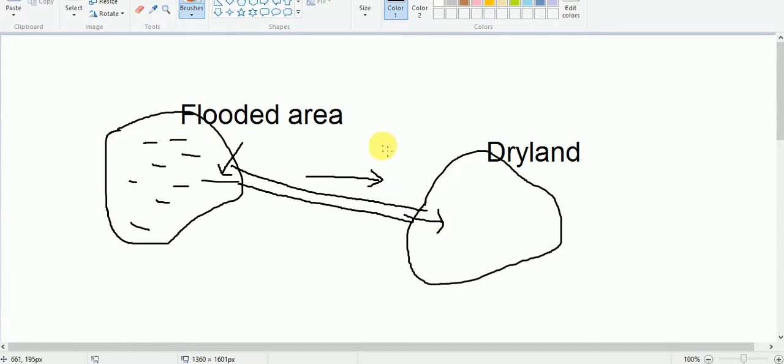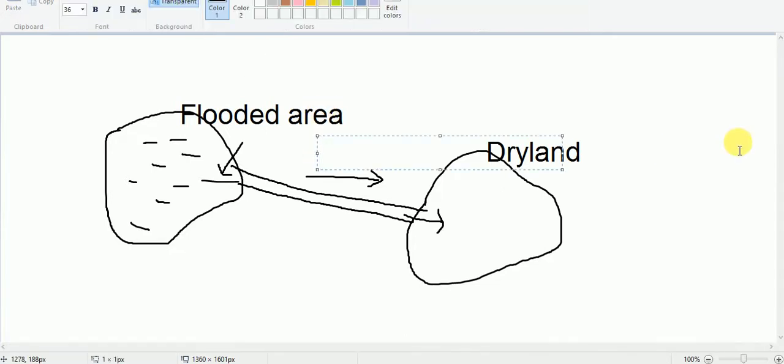This was the technique used by the ancient kings, and such a canal is known as an inundation canal.